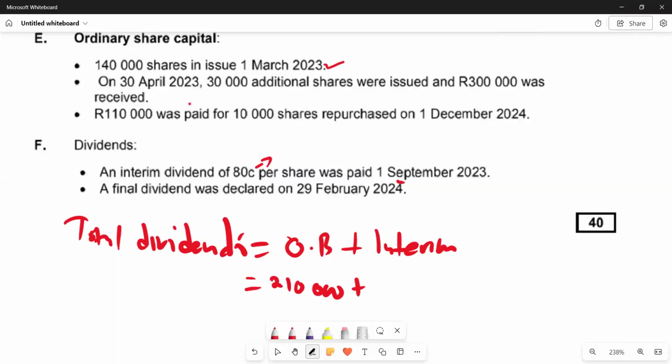And then on 30 April, which is before 1 September, there were additional shares issued of 30,000. So basically, we are saying 140,000 plus the additional shares of 30,000, before we reach 1 September, and then we get 170,000.